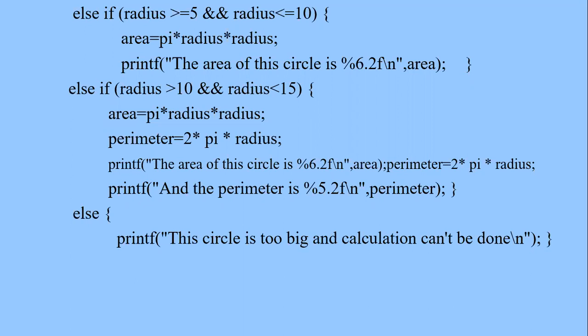And once it is displayed, the cursor will be dropped one line below this statement, so you see it blinking below. This circle is too big and the calculation can't be done, because of the escape character \n in that statement. And we end our program.